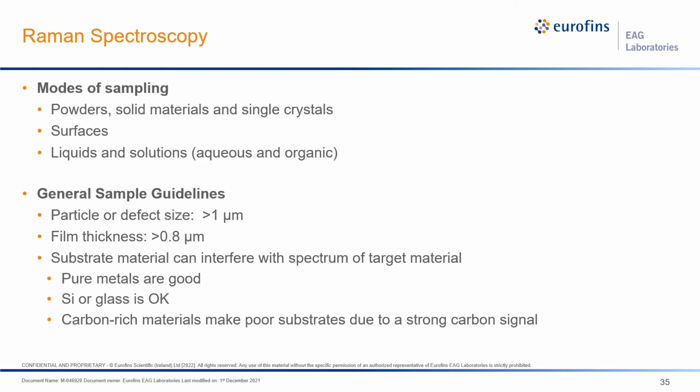Now, it is important to mention the substrate for Raman. Pure metals are very nice substrates. Silicon or glass are okay substrates, but carbon-rich substrates make a terrible Raman substrate. We cannot do Raman because Raman is so sensitive to carbon materials, the carbon signal will dominate and we will not get any information about the sample.